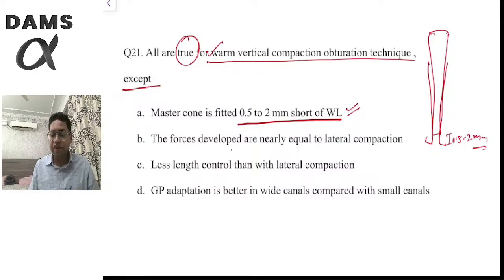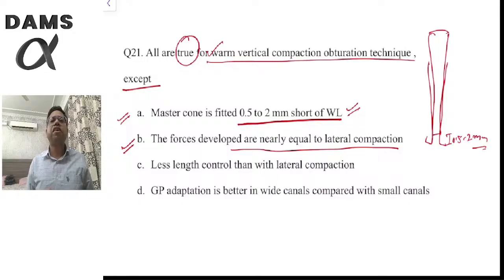The forces developed are nearly equal to lateral compaction is also correct. Both are methods of using a hand instrument like a spreader and plugger. So the forces that are applied for obturation are equal in the techniques of cold lateral and warm vertical compaction. Less length control than with lateral compaction.